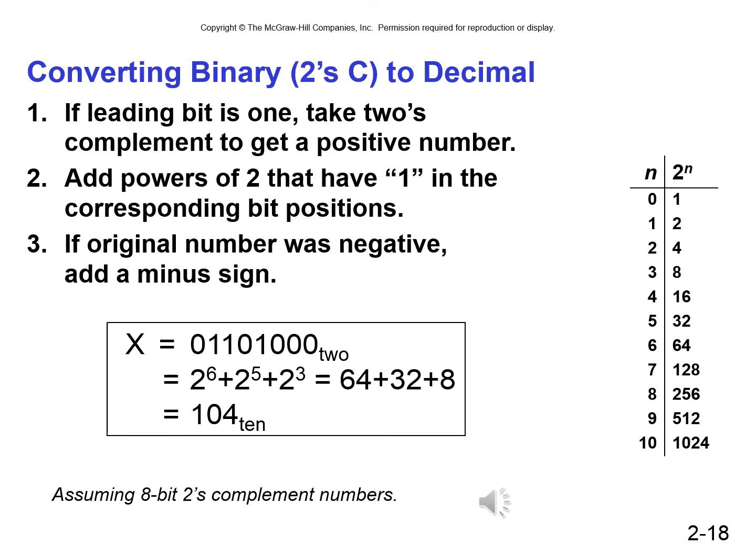So if the leading bit is 1, that indicates it's a negative number. So you just take the 2's complement to get the positive number, and then you know what to do, right? Add the powers of 2 that have a 1 in the corresponding bit position. If the original number was a negative, you add the negative sign in front of it. It's really straightforward, easy to do.